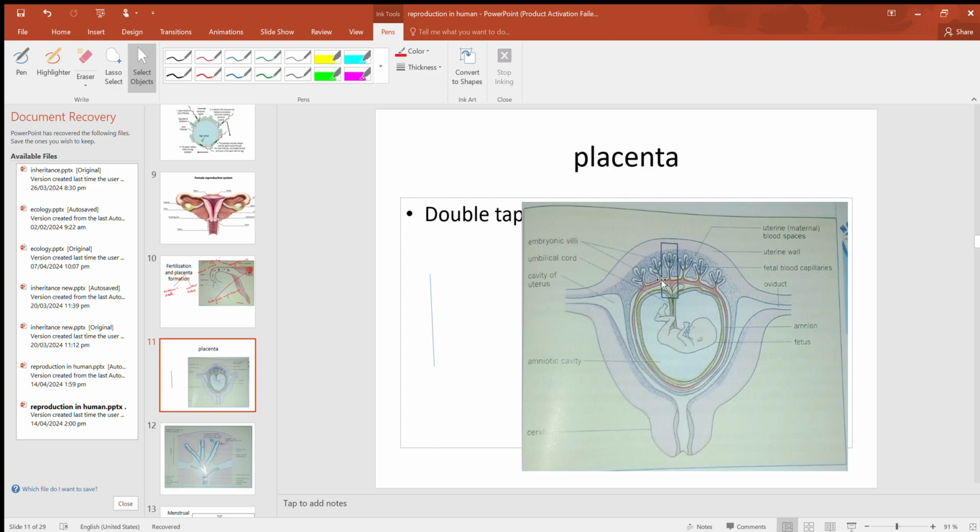So we can say that placenta is made partly from embryonic tissue and partly from mother tissue. From the embryonic tissue there lie embryonic villi, and from the mother tissue there lies the uterine lining.